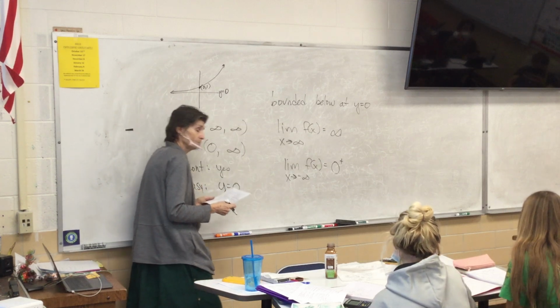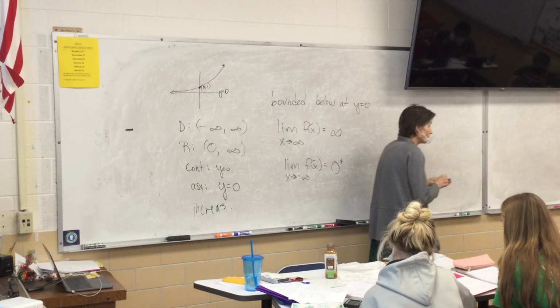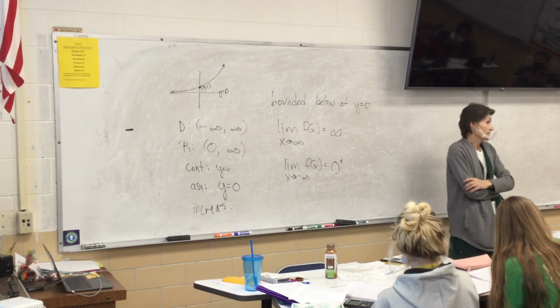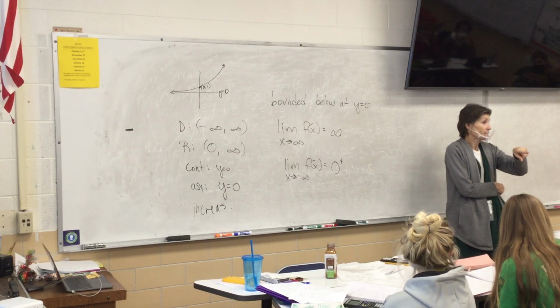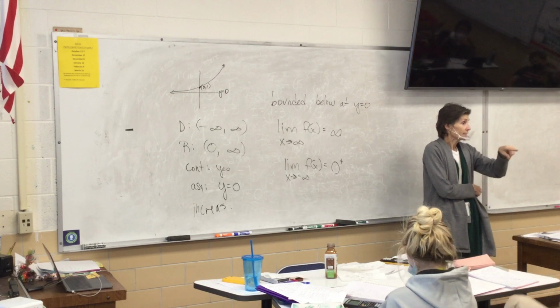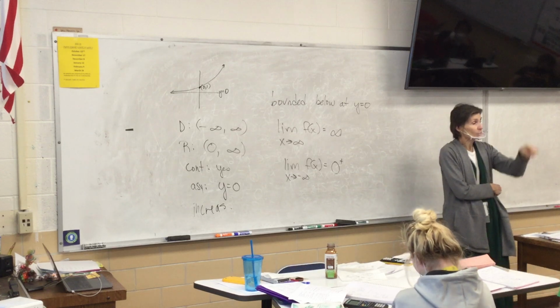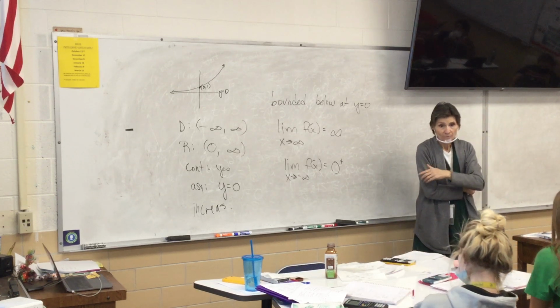And extrema. No, we don't have any. By extrema, we mean tops of hills and bottoms of valleys. So if you think about the absolute value function, it has a minimum, right? That's an extrema. If you think about your sine and cosine, they have lots of hills and lots of valleys.